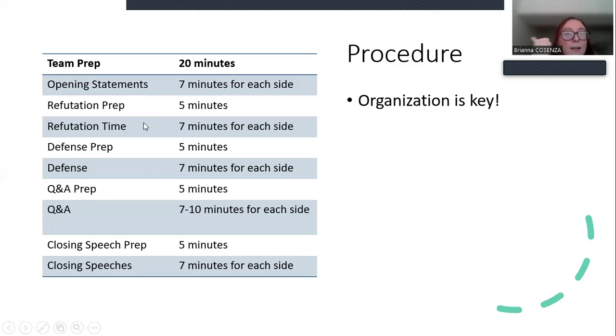So I'll click the slides through when each part of the debate changes. But just my overview, we do the opening statements, then I give time for the team to prepare refutation together, then they'll refute, they'll prepare defense, they'll do Q&A, and then they'll give their closing speeches.